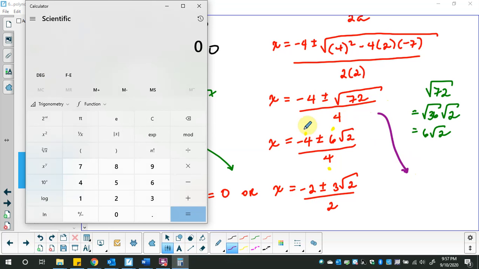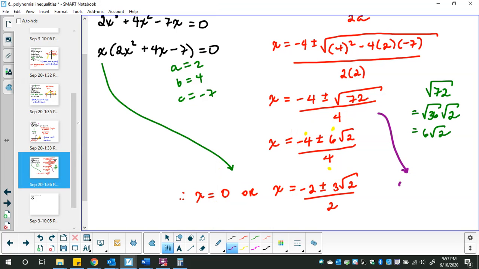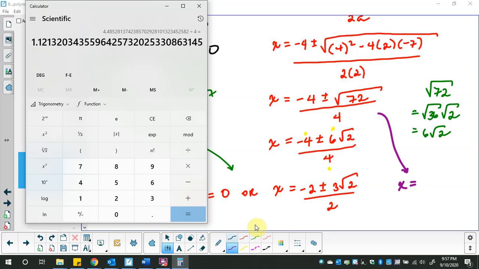I would just get to that point. So -4 plus the square root of 72, to finish off the top, then divided by 4 equals, so I get x equals 1.12.